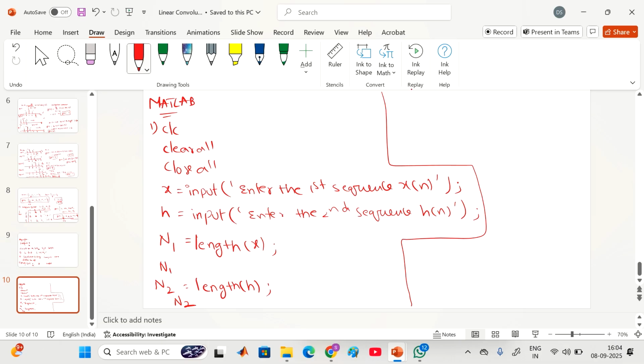Next, finding the L value. So we have a formula for L. L is equal to n1 plus n2 minus 1. So display L. Next, after that we have to use a convolution command to find the y. Y is equal to CONV of x comma h. Now display y.